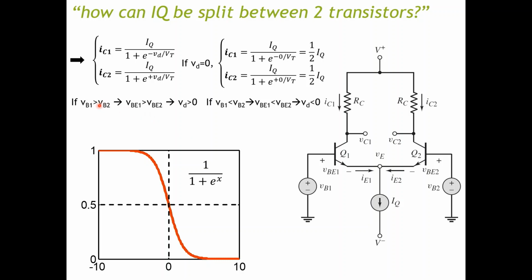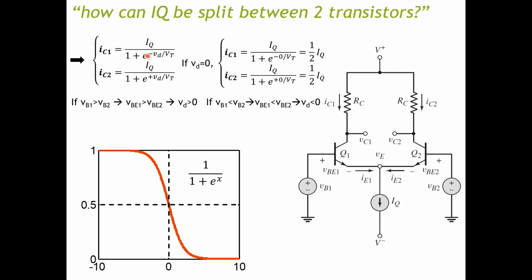The first thing I try to examine is what if VB1 is larger than VB2, so this voltage is larger than this voltage. If that happens, then I will have a positive VD. If I have a positive VD, this term will go to the negative side, because it's a negative of a positive.